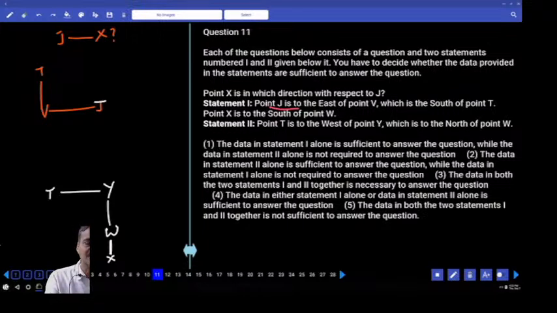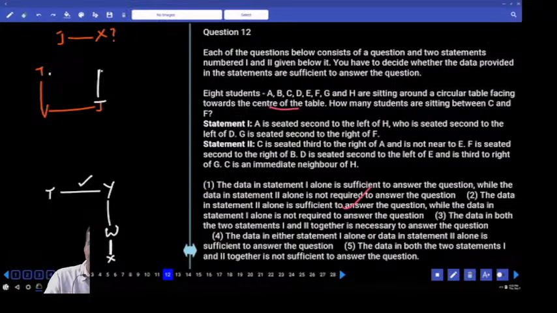Then also the link between these two cannot be established here. The distance between T and Y and J is not clearly given. So what is your answer? By combining these two also we cannot determine. Answer choice 5, question number 11.